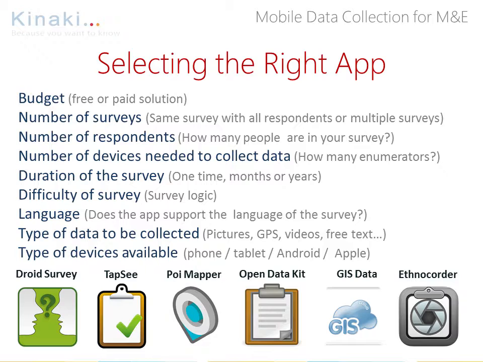GIS is when you want to do more surveying of the area, like taking sizes of gardens or farms of beneficiaries, or if you want to project your wells on a map. When you do more geographic surveying, it's a great tool. And Ethnocoder is more for qualitative data collection, like pictures, stories, videos, long text, but unfortunately it's a good tool that's only for Apple.